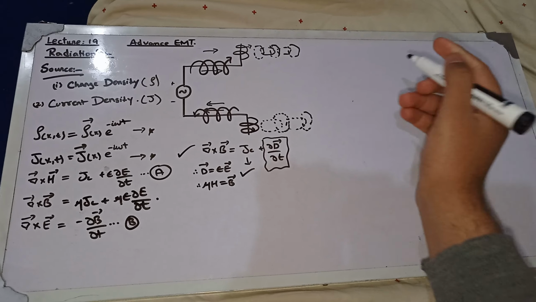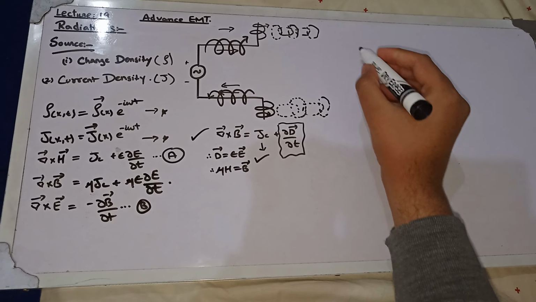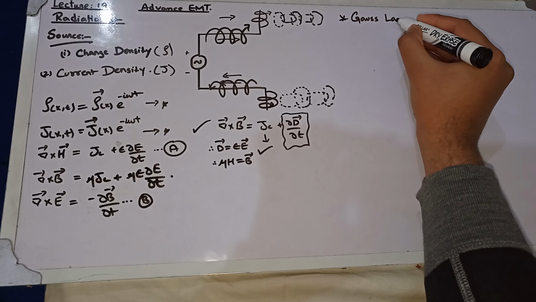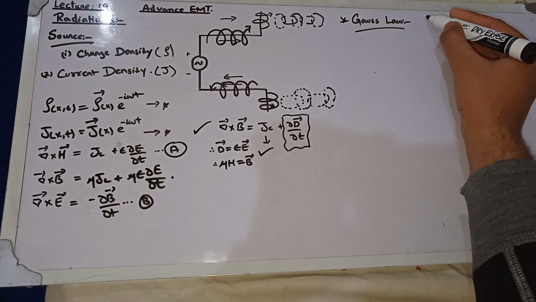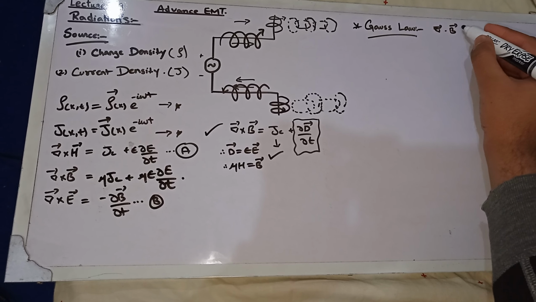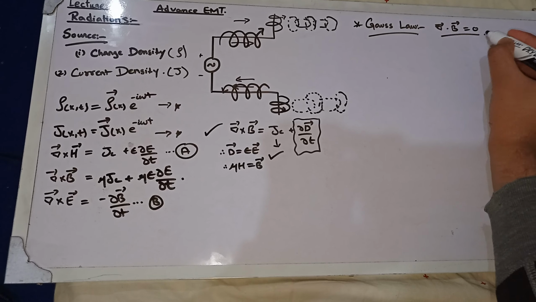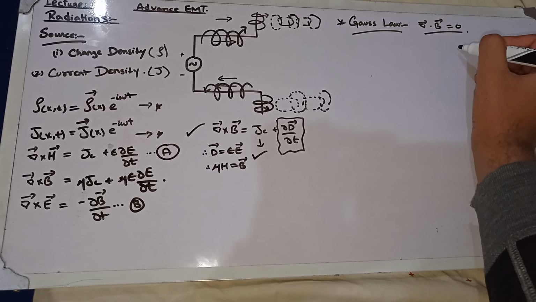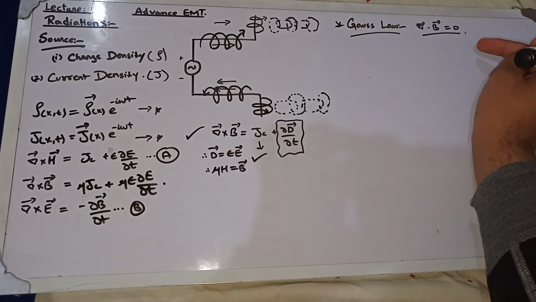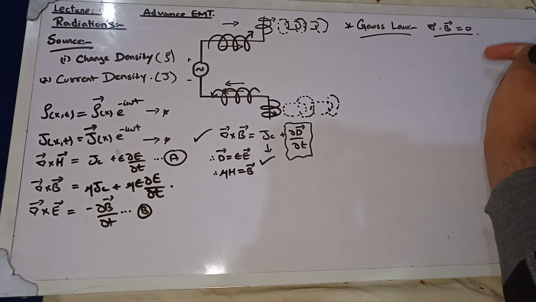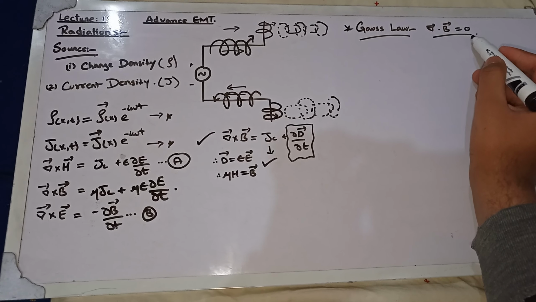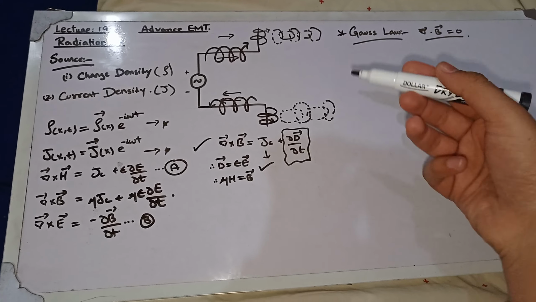Now first of all, Gauss's law. We already have a detailed video on Gauss's law. It basically tells you that the divergence of the magnetic field equals zero. If the divergence is zero, it means the wave is propagating in curls, in the curl direction.